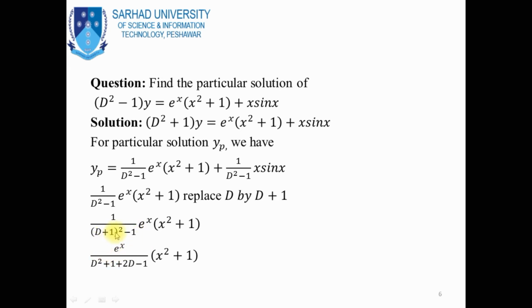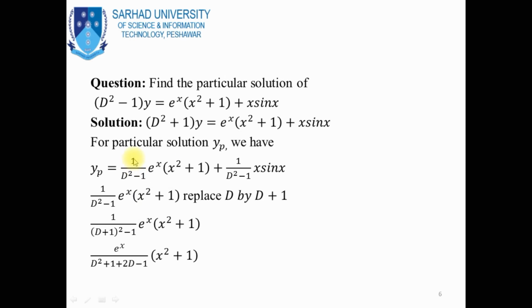Now (D plus 1) whole square means D square plus 2D plus 1, plus 1 as it is, and x square plus 1. So you see over here, in this particular solution, first of all we are going to find only this part. So this part in the particular solution is determined by this expression.